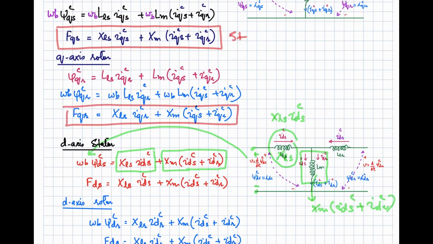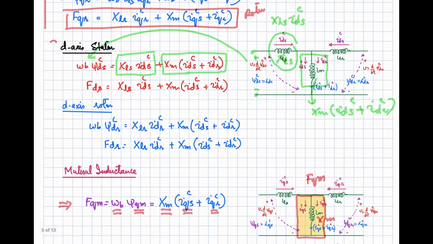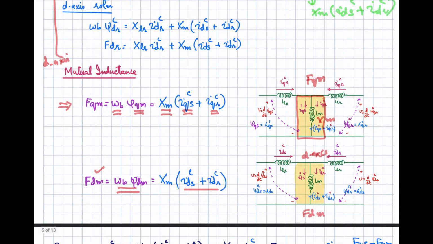This is for the stator. This one is for the rotor, Q axis. Both of these are for the Q axis. And then for the D axis of the stator and the D axis of the rotor, we have this set of equations. And then the mutual inductance. So these 2 equations, FQM and FDM, are for the mutual inductance, or I can say for the inductance LM.